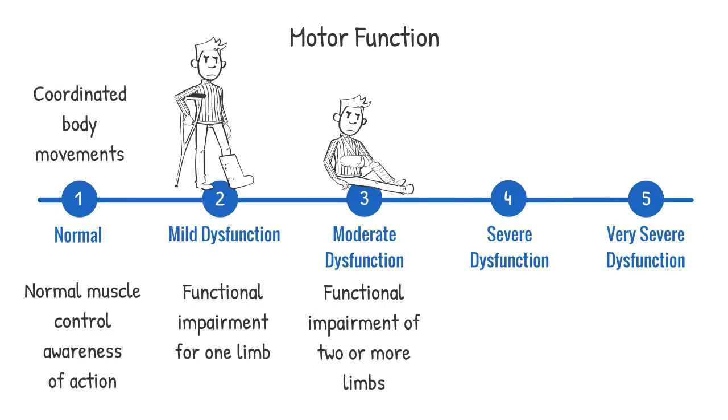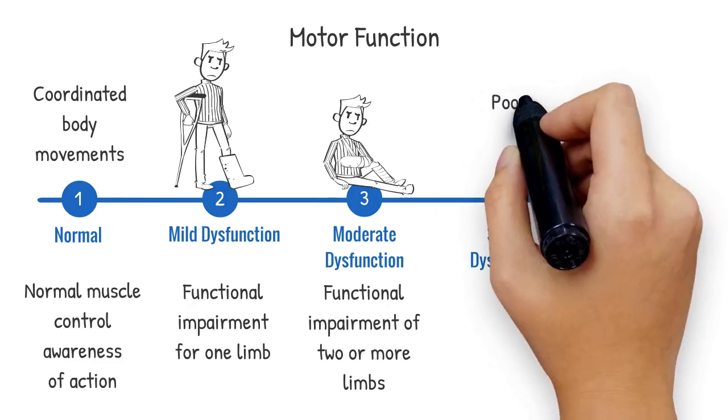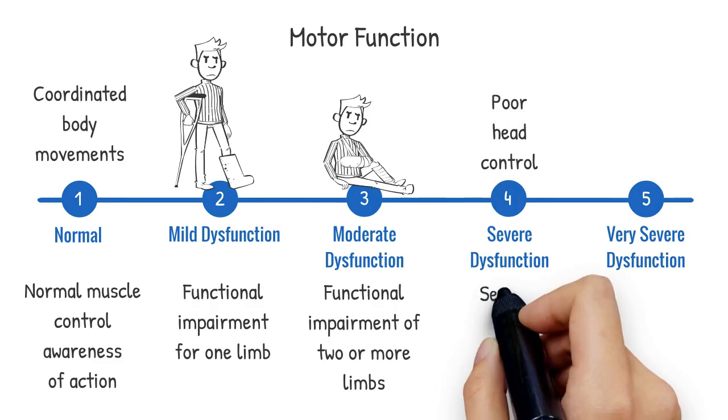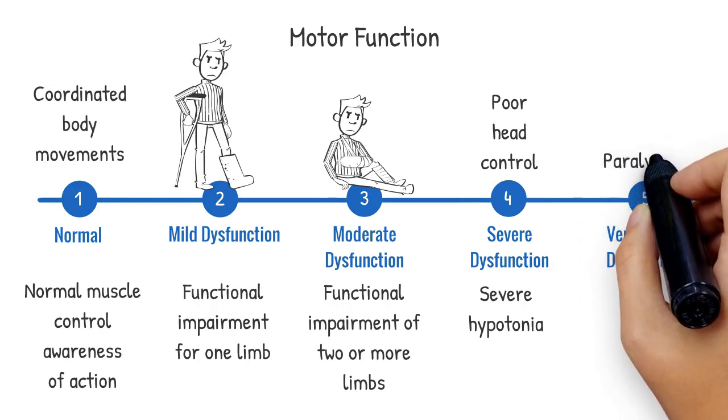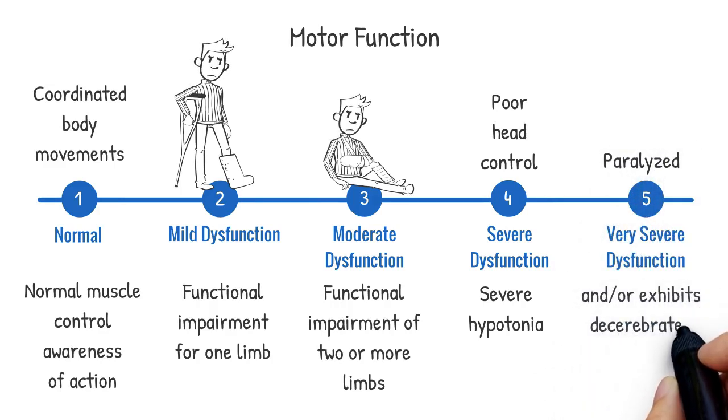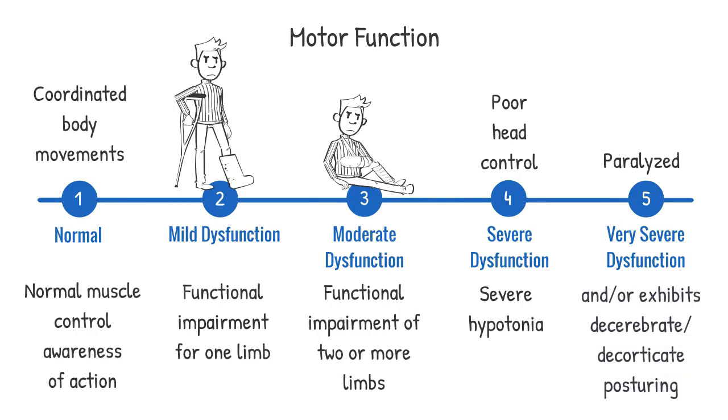This impairment may be innate to the child or may include things such as taping an arm or a hand to an arm board that interferes with functioning. Severe dysfunction is indicated by poor head control, usually a sign of severe hypotonia. And very severe dysfunction is a child who is paralyzed and/or exhibits decerebrate posturing or decorticate posturing.